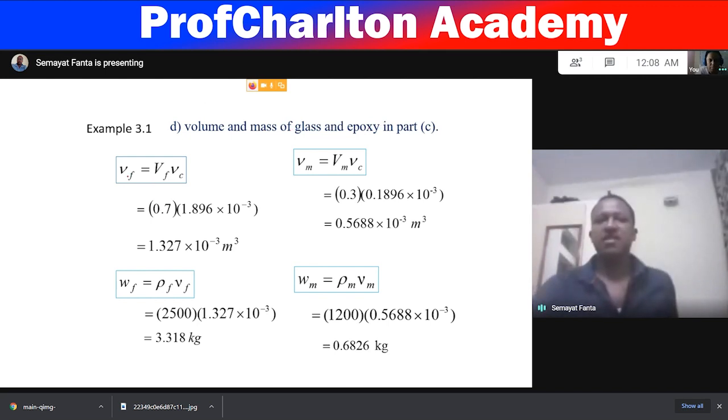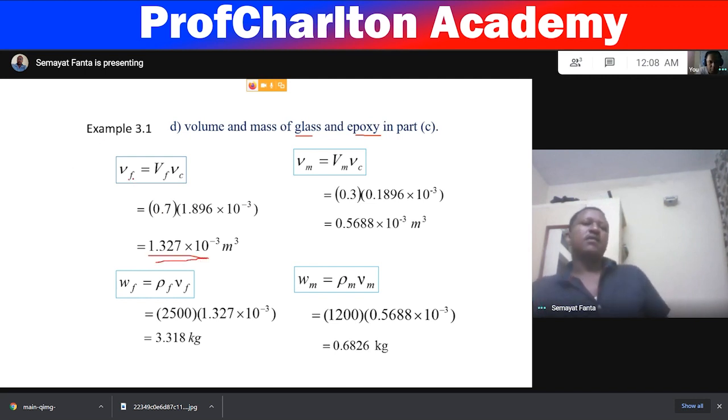The glass is the fiber and the epoxy is the matrix, so the volume of fiber is given in this formula: volume fraction of fiber times the volume of the composite. So 0.7 times the volume of composite gives us the volume of fiber. The volume of matrix is the volume fraction of matrix times the volume of composite.